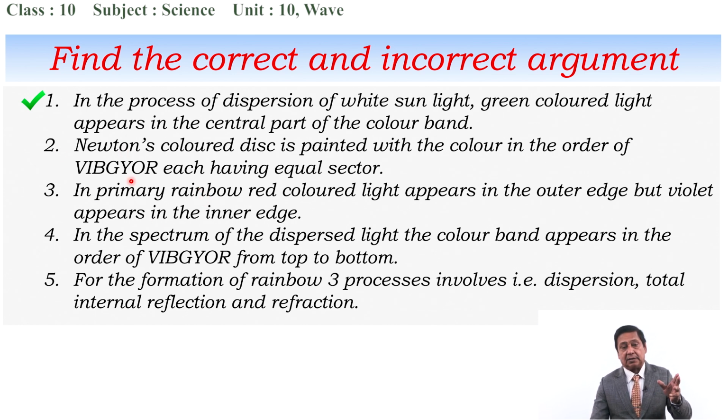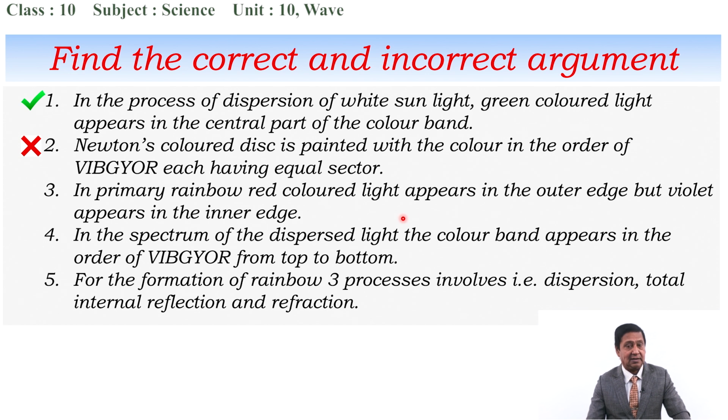I mean to say, the color whose intensity is greater in white light should take a greater area, a greater sector. And if the intensity of a particular light is less in white light, then we have to paint it on a smaller sector of Newton's color disc. That's why equal sectors are not painted for all these colors. Okay, this is incorrect.